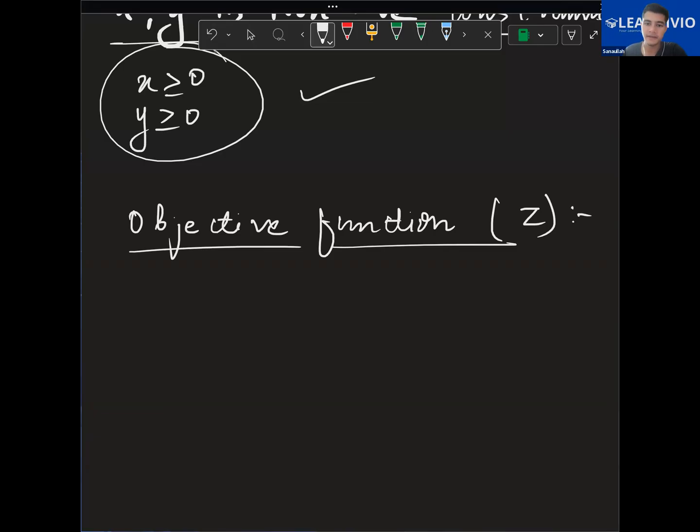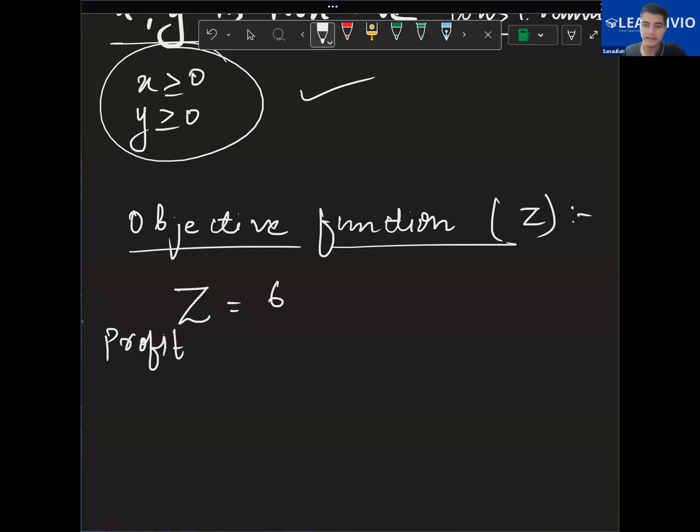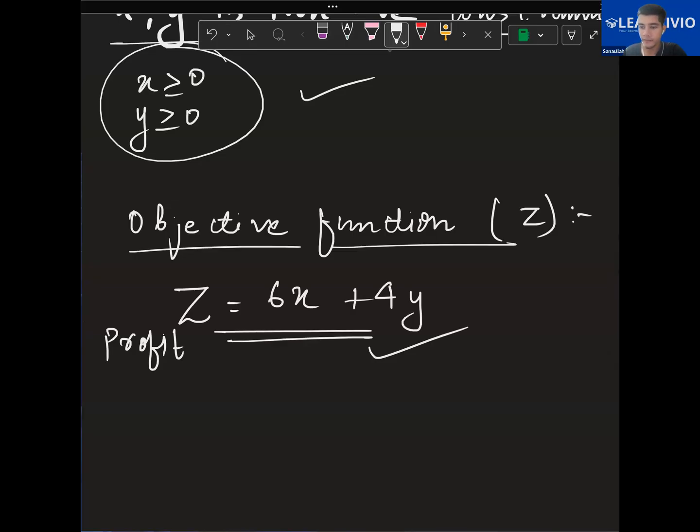ठीक है? Like if I am saying z is my profit, and let's say this is 6x plus 4, so this is my objective function. Whatever objective I want to get, and for this I want a maximum value, right?